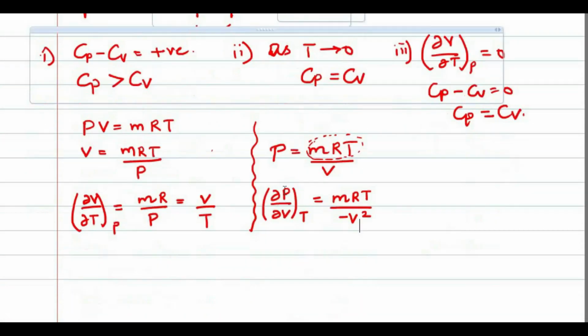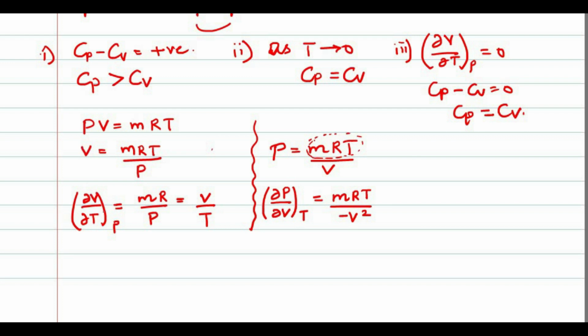So equation 8 is Cp minus Cv is equal to minus T dou V by dou T at constant pressure, the whole square, into dou P by dou V at constant temperature.